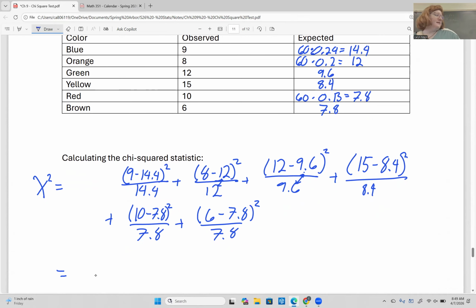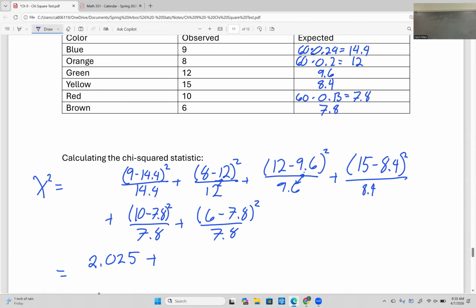What I want next is a few of the different decimals of an individual fraction. So what is 9 minus 14.4 squared over 14.4? 2.025.